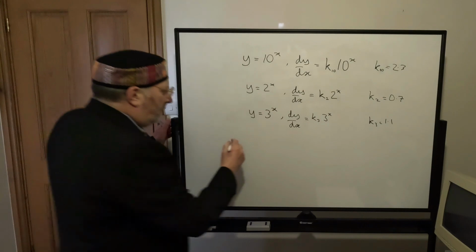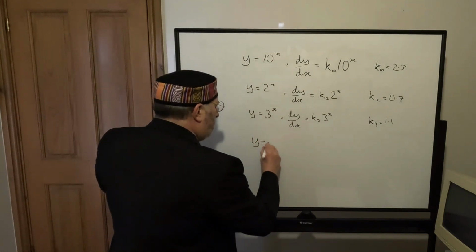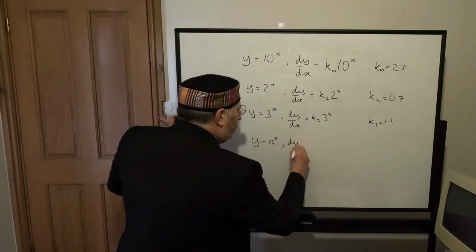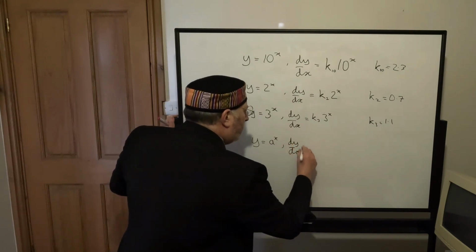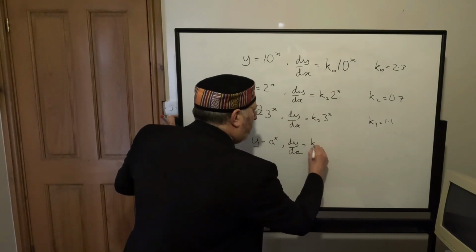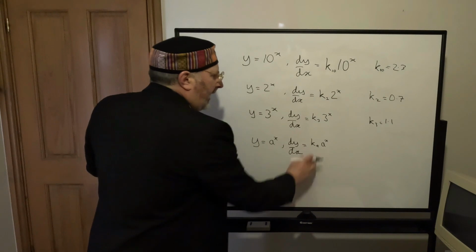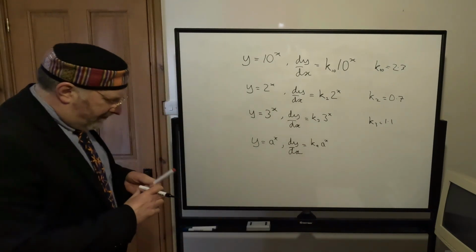And in general, for any value a, if y equals a to the x, dy by dx equals ka times a to the x, where k is some constant.